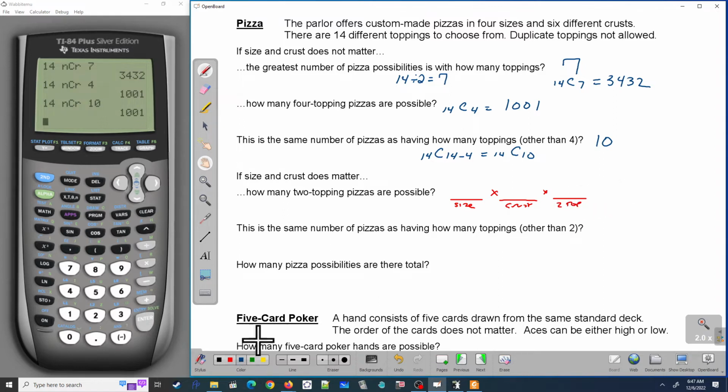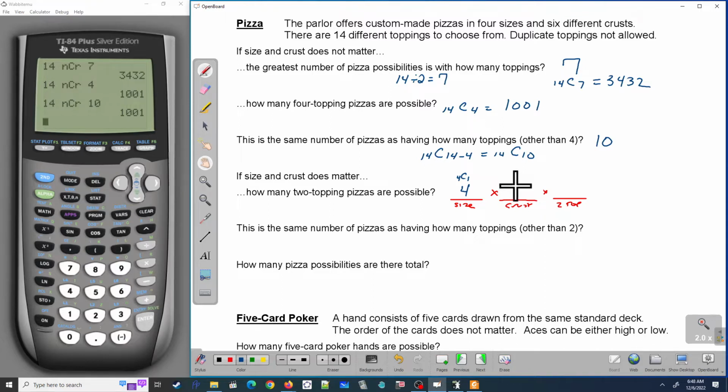And for this particular problem, I know there are 4 sizes. Now what I want you to also know is I could have said this was 4C1. I could have also said 4P1, but you're going to see in a moment that there's a kind of general theme of constantly using C's because more times than not, it can be thought of as a group and not so much where order matters.